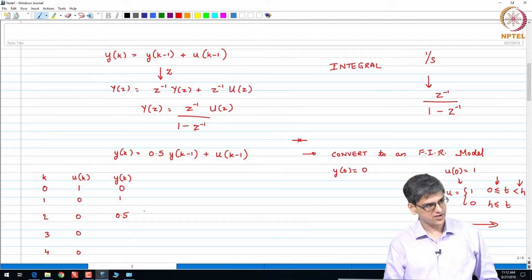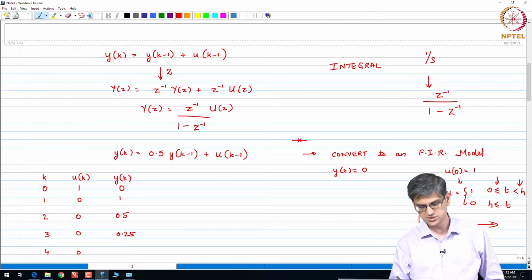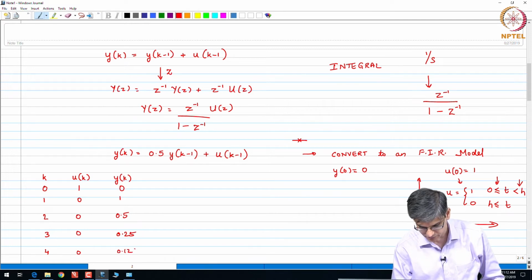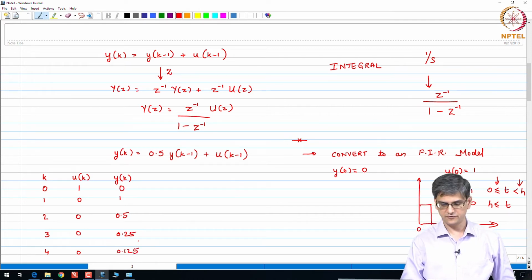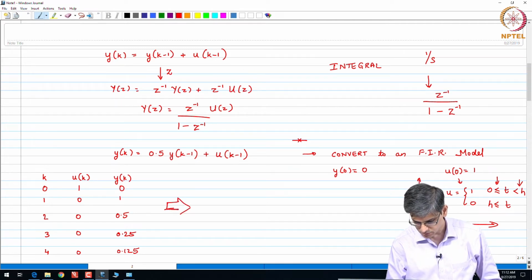It is 0.5 multiplied by 0.5, it is 0.25 plus 0. Then it is 0.125, 0.0625, and so on and so forth. So, from this you can get your FIR model.